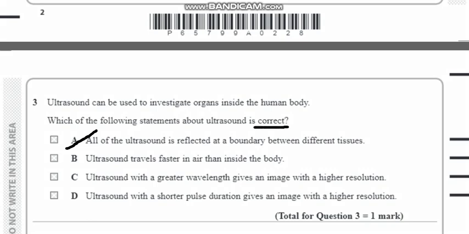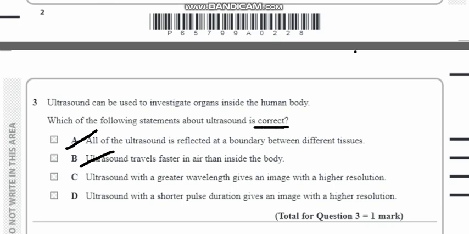The B option is ultrasound travels faster in air than inside the body, and this is not true also, because the air is denser than whatever is inside the body. So we will cancel this off. There you go. The third option is that the ultrasound with a greater wavelength gives an image with a higher resolution.